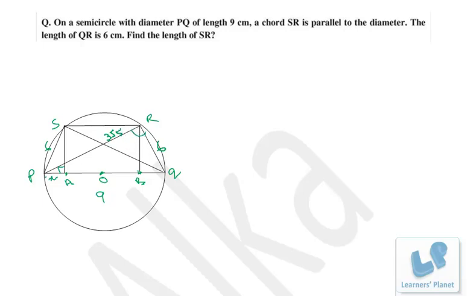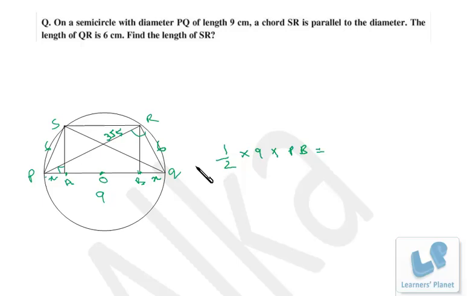Right? Now area of triangle PRQ will be what? Half of base into altitude. So half of base is 9. Altitude we don't know, I just write this PB.